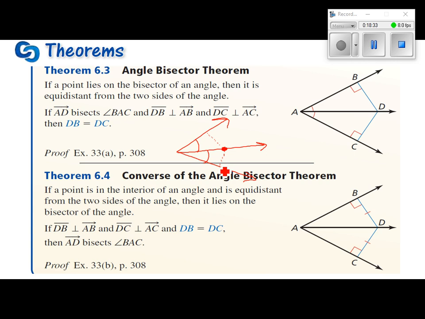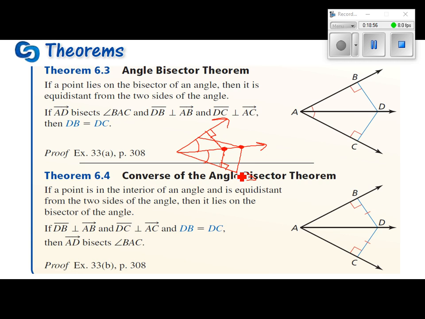Those two distances always have to be the same. Now, to be a distance, those have to come out here and they have to form right angles. You can't just put a point here and say, okay, that distance is the same as that distance. That's not going to work out. The distance has to be the shortest path. It has to form a right angle with the side.